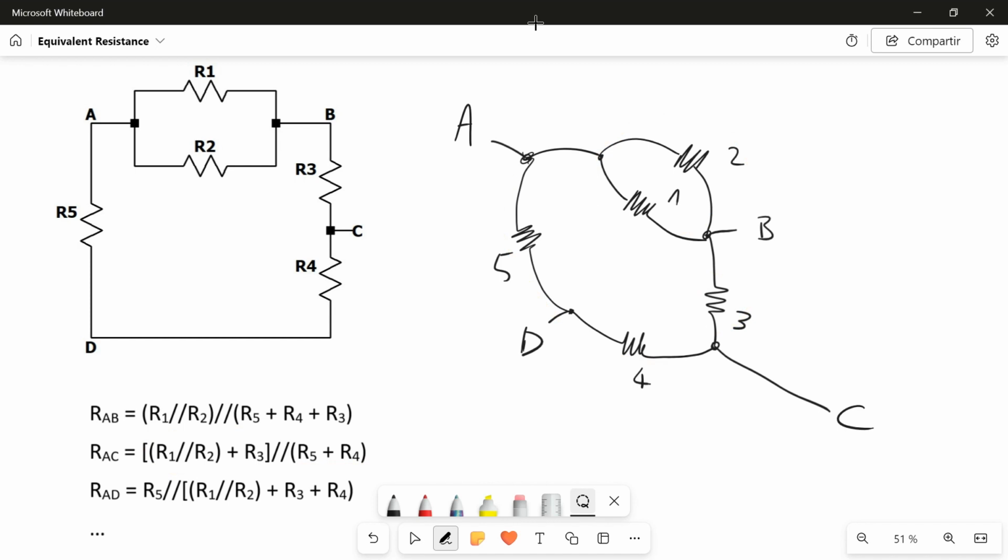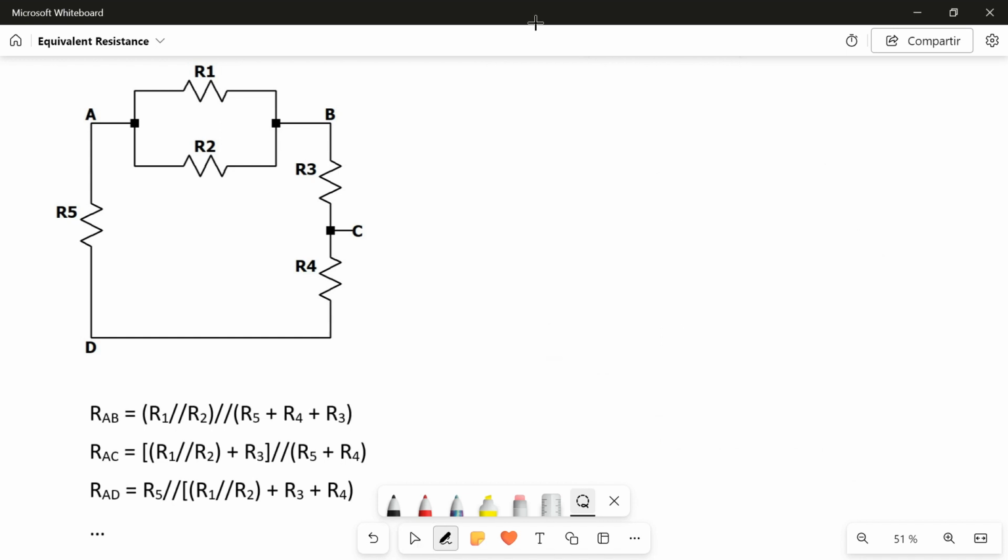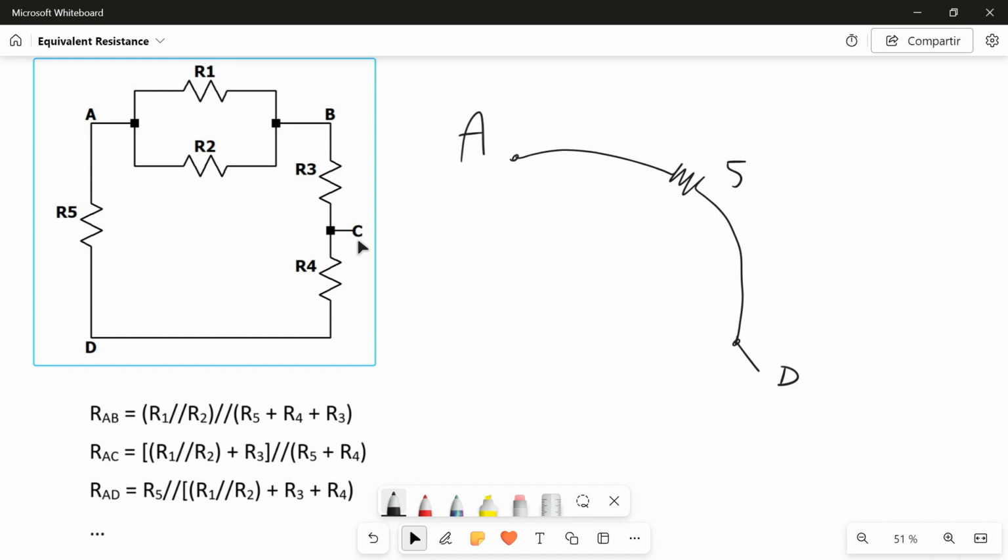Okay, so let's see the last one, and you can check if you want to test yourself the other combinations. So RAD, between terminal A and D, what we have? Between A and D we have R5 in this branch, and the other branch is all these networks here.